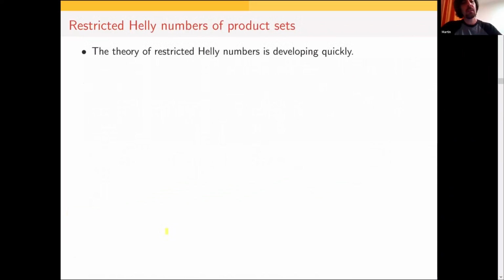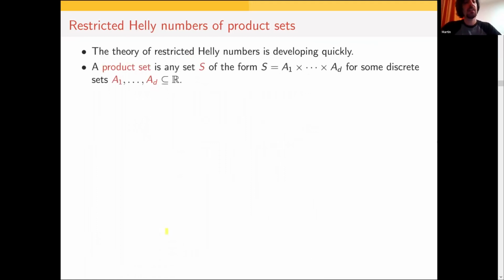Now, the theory of restricted Helly numbers is somehow popular. It's developing rather quickly. There are various results, and the sets that I will be mostly focused on are so-called product sets. A product set is just a Cartesian product of some discrete sets A1 up to AD.